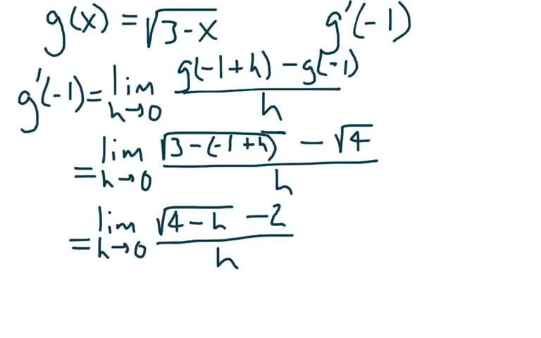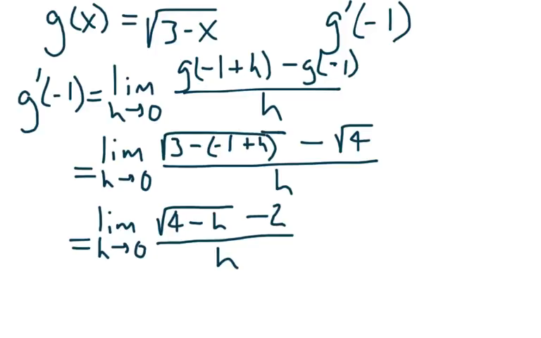all over h. Now, if we simply try to substitute h equals 0, in the numerator we get the square root of 4, which is 2, minus 2, which is 0, divided by h, which is approaching 0. Remember that 0 divided by 0 is an indeterminate form, and it also indicates that there are some algebraic tricks we may be able to do to find a limit.